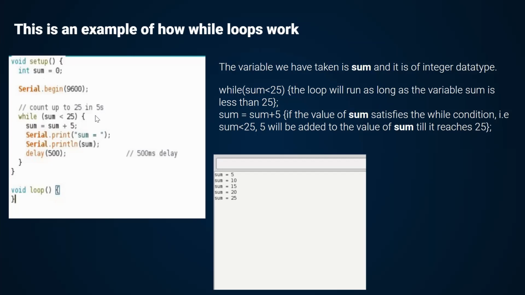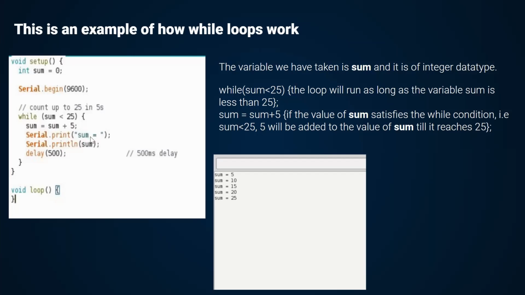Sum should be less than 25. So while the sum is less than 25, the sum should be added with 5. Until the sum reaches 25, the loop will not stop. So while sum less than 25, then sum equals sum plus 5.